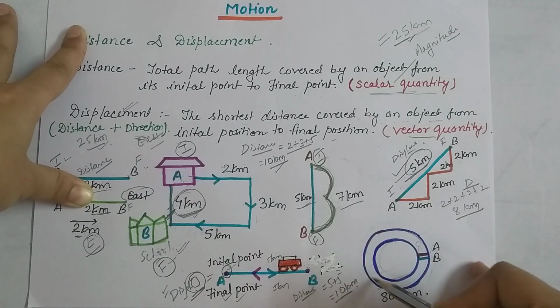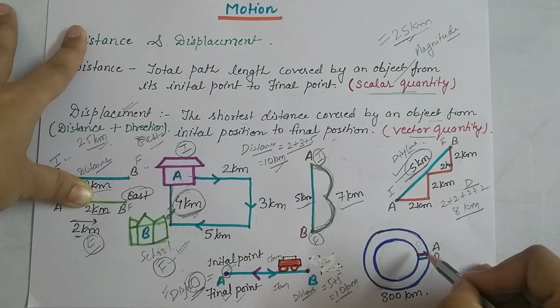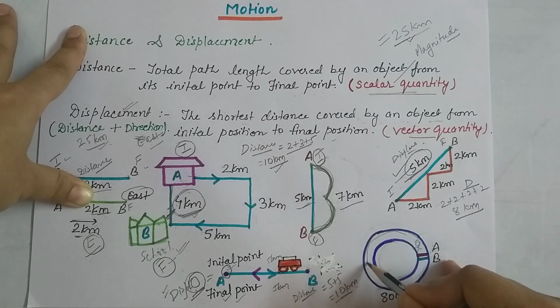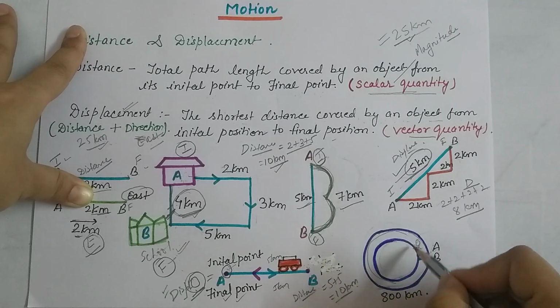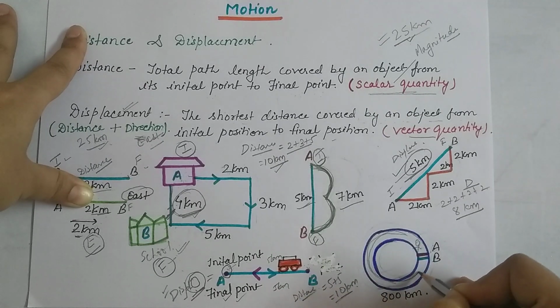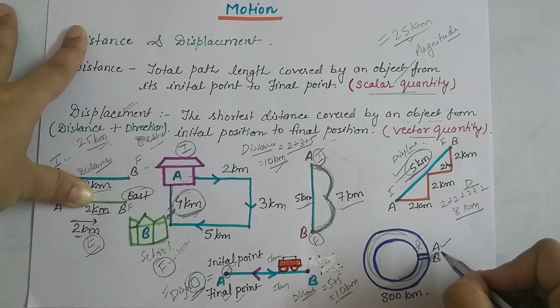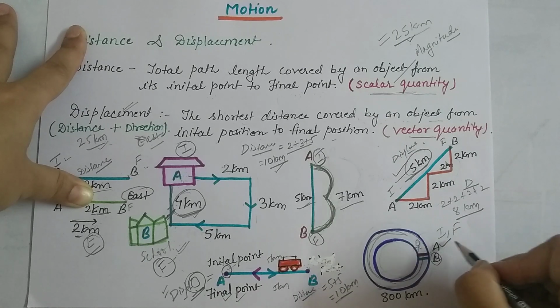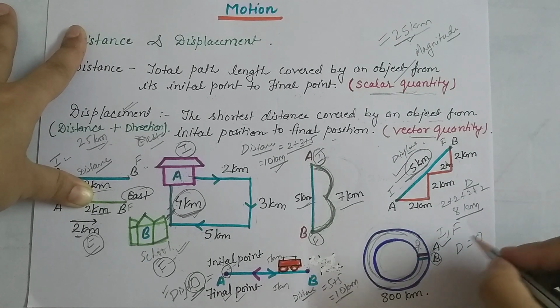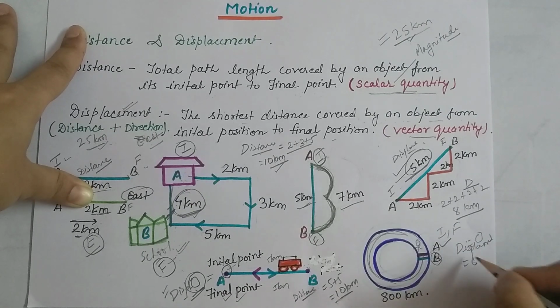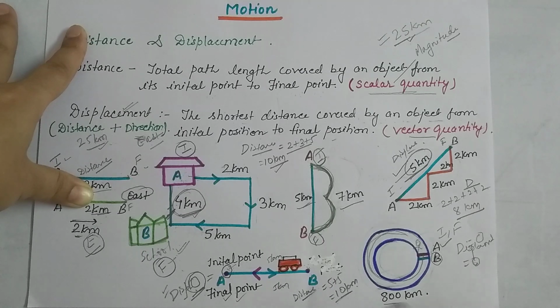Same happens on a race track. If a person starts to run an 8 kilometer path and comes again to point A, he started from A and comes to the same position. Initial and final position are the same, so displacement is 0, and distance is 8 kilometer.